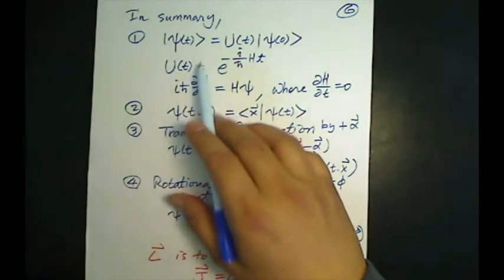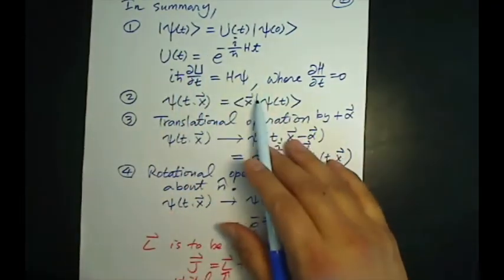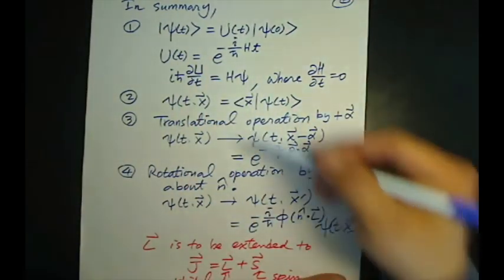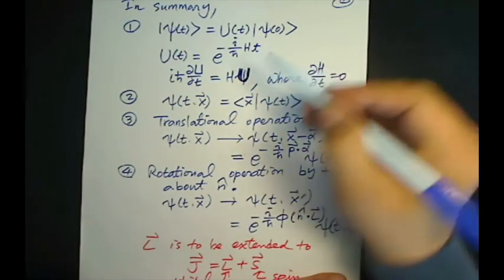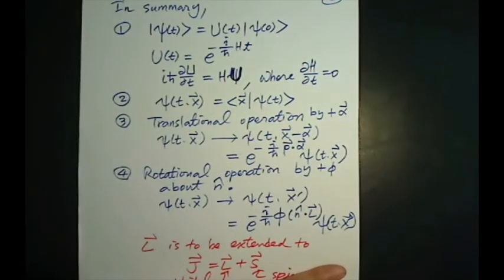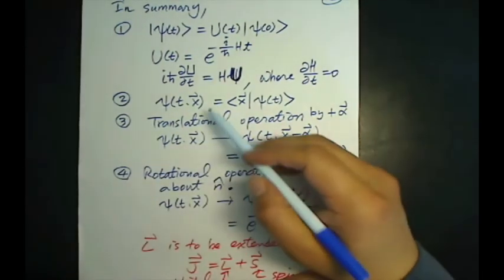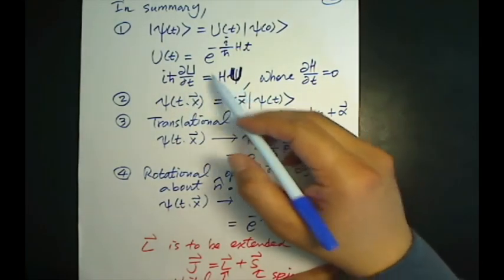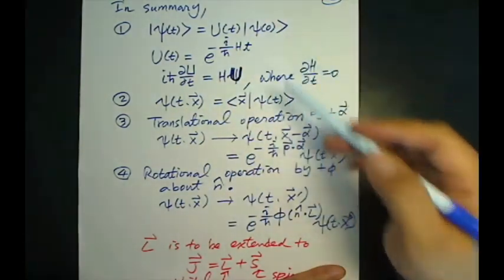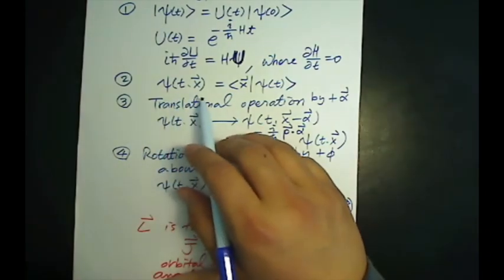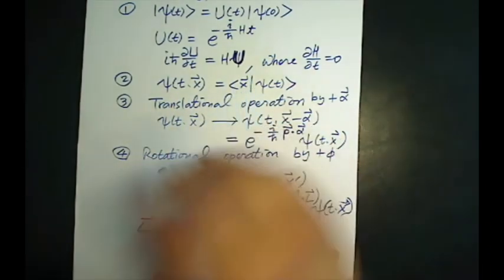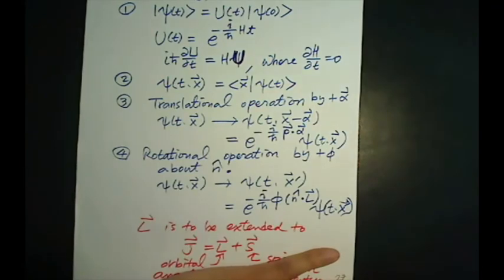The time evolution operator U satisfies this differential equation. If we apply this to the state ket at t equals 0, we obtain the time-dependent Schrödinger equation. The wave function at time t can be pulled out by projecting the state bra onto the state ket.